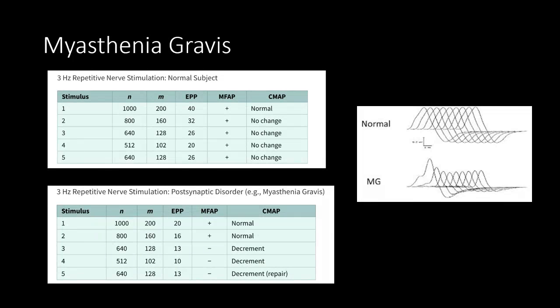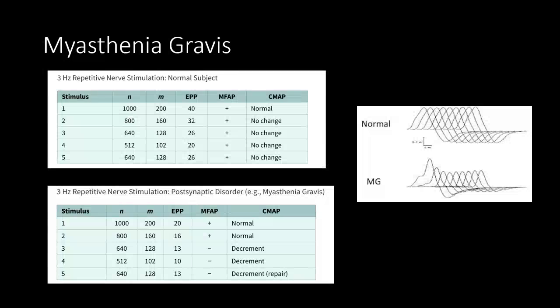So in a normal person, 1,000 quanta of acetylcholine are released, an end plate potential of 40 is generated, an action potential occurs, and a CMAP occurs. With the second stimulation, only 800 quanta of acetylcholine are released, but the end plate potential is still 32, which is more than double what is needed to generate a muscle fiber action potential, and so there's a normal CMAP. With the third stimulus, 640 quanta of acetylcholine are released.